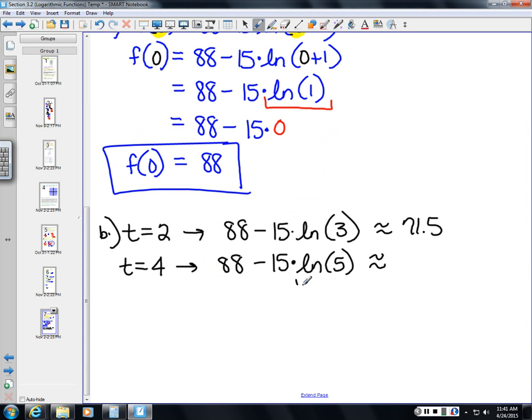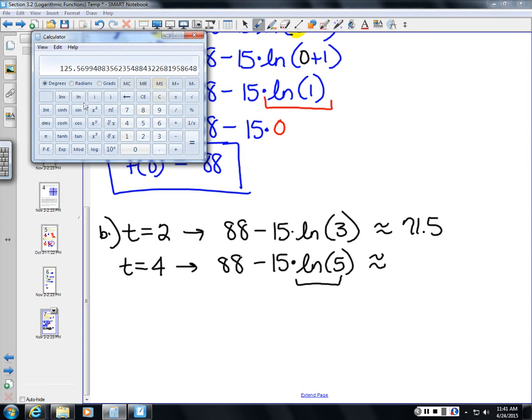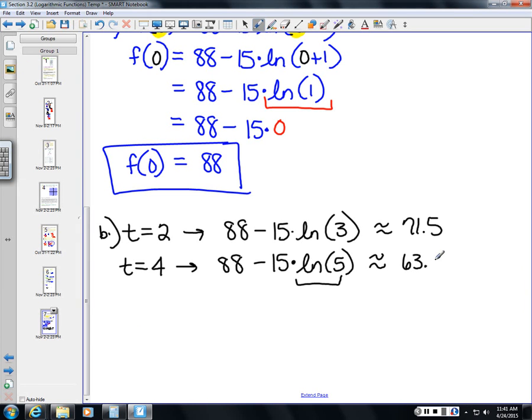Do natural log of 5, multiply that by 15, then subtract that, in other words make that negative, and add our 88 to it, and we get 63.9. All of this is just a matter of following your order of operations. So plugging in 6 gives me 88 minus 15 times natural log of 6 plus 1, which is 7. When you plug this in, you get 58.8.